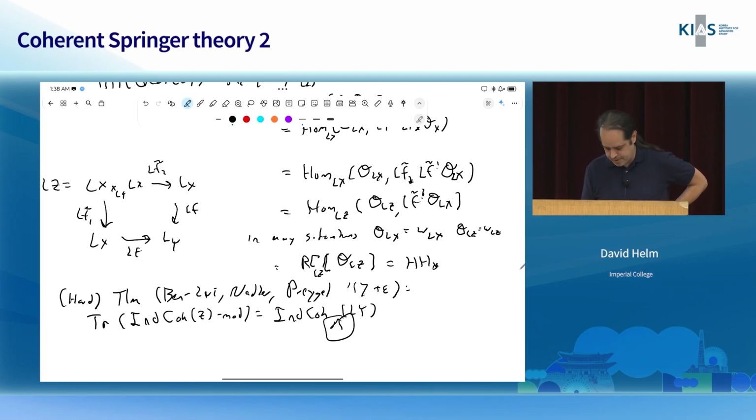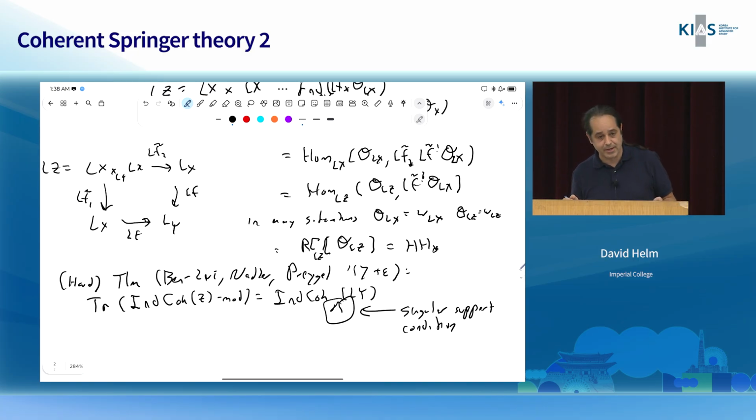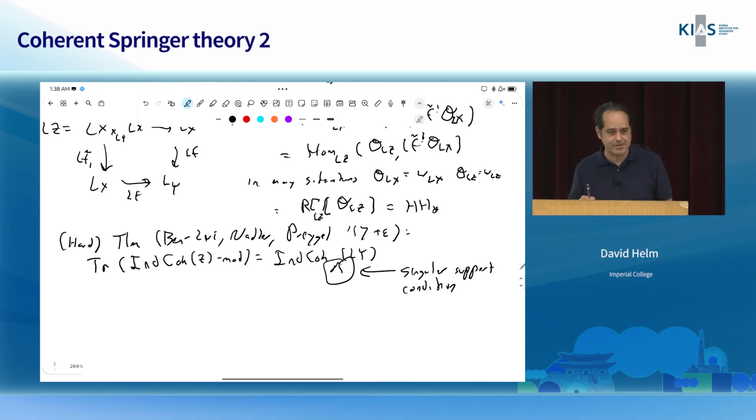So I'm not going to explain exactly what this lambda is. I'll just say that this is a singular support condition. And the reason I'm not going to explain what it is is because miraculously, in the situation we're working in, that condition turns out to be vacuous.